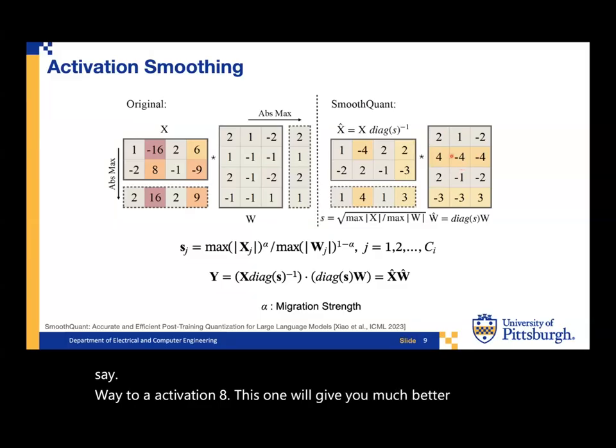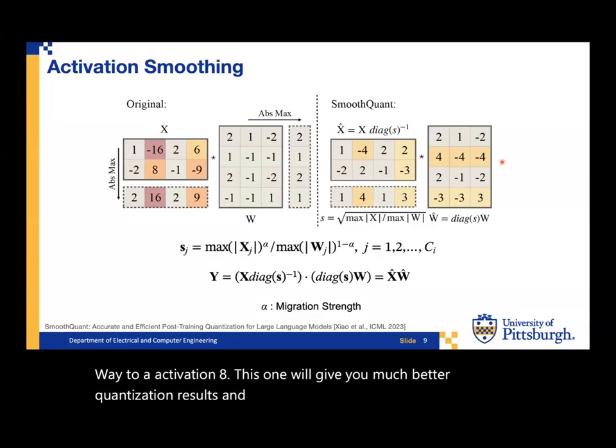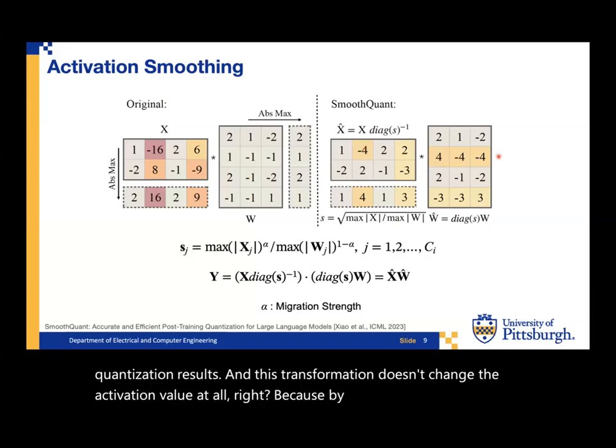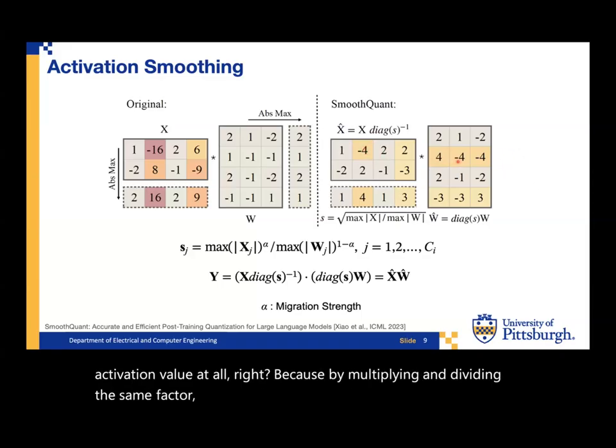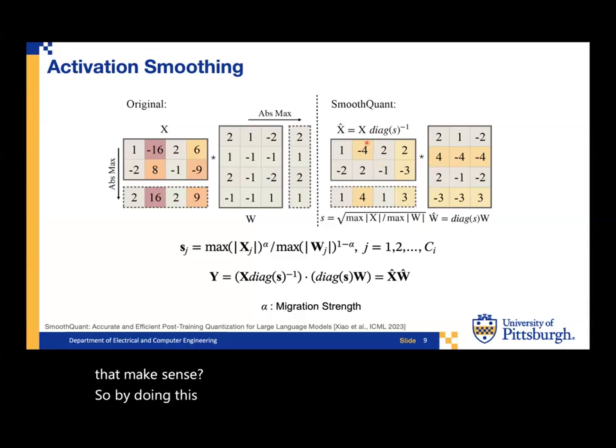And this transformation doesn't change the activation value at all, right? Because by multiplying and dividing by the same factor, the final activation value stays the same. Does that make sense? So this is the core idea of SmoothQuant.